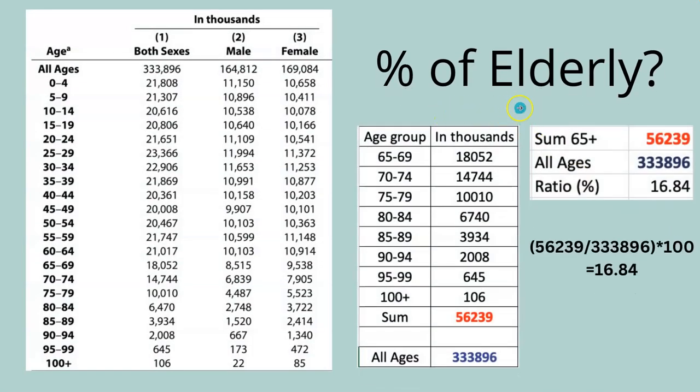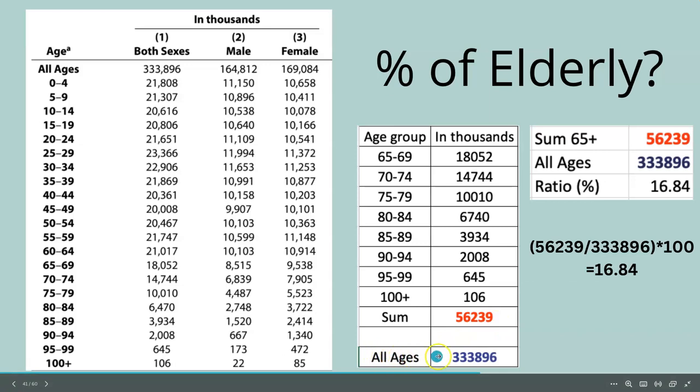So for the percent of the elderly, you can try to use those tables, but you can simply use this table, because I already calculated that. The sum of the 65 through 100 or more, which is the elderly group, was 56,239 people in the United States.